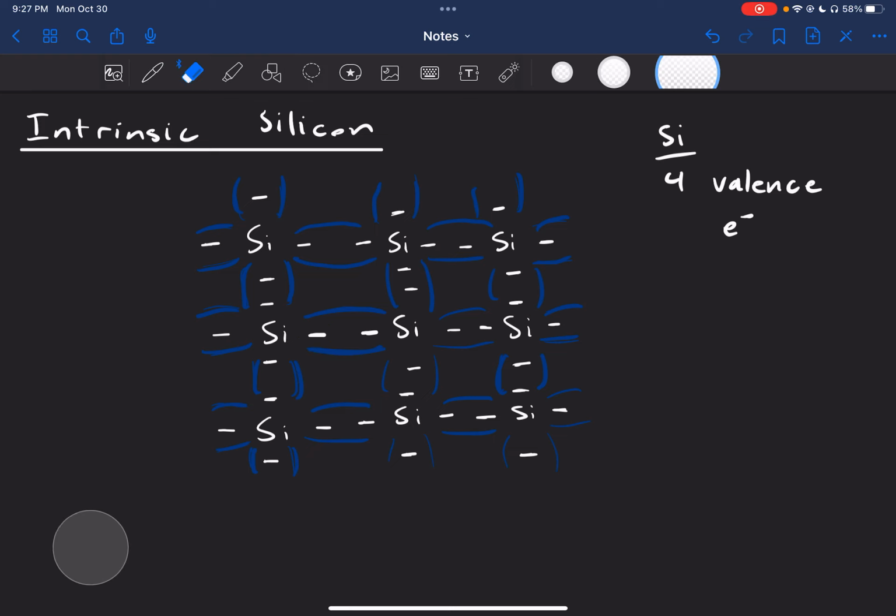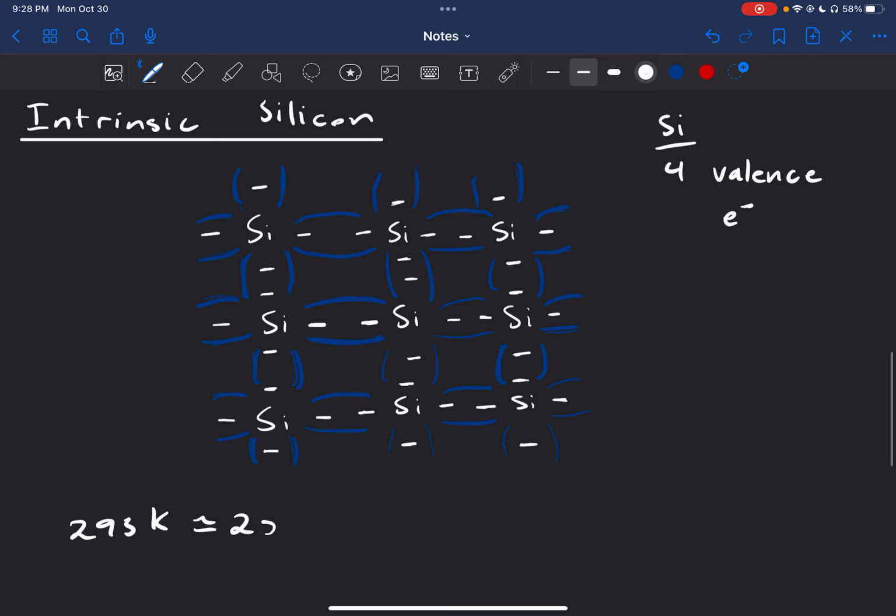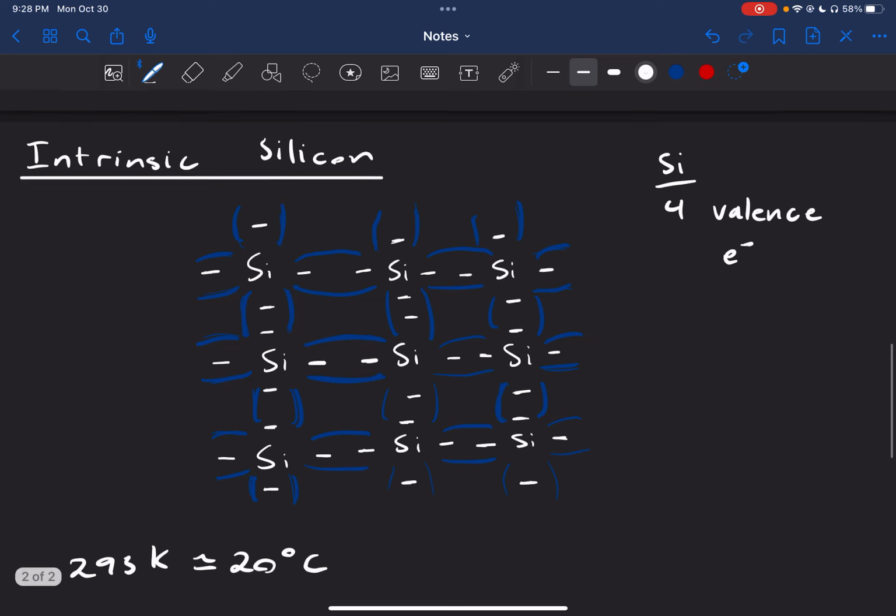But let's say we go to room temperature, which is about 293 Kelvin. Oh, it's just Kelvin, not degrees. So 293 Kelvin or 20 degrees Celsius.